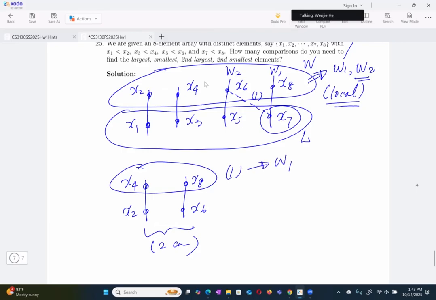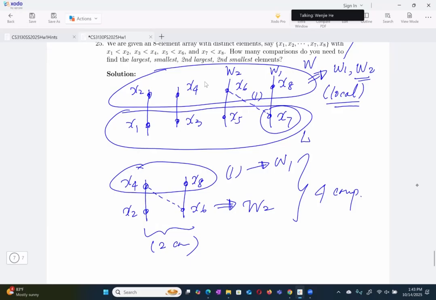Then how to get the second comparison? I will finish: the second comparison, W2, the larger one between X4. This you get W2. So 1, 2, 3, 4. To get W1, W2, you need 4 comparisons.